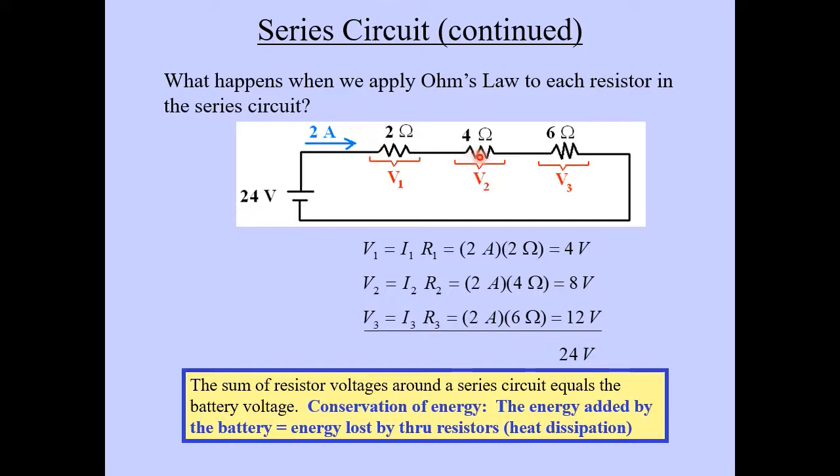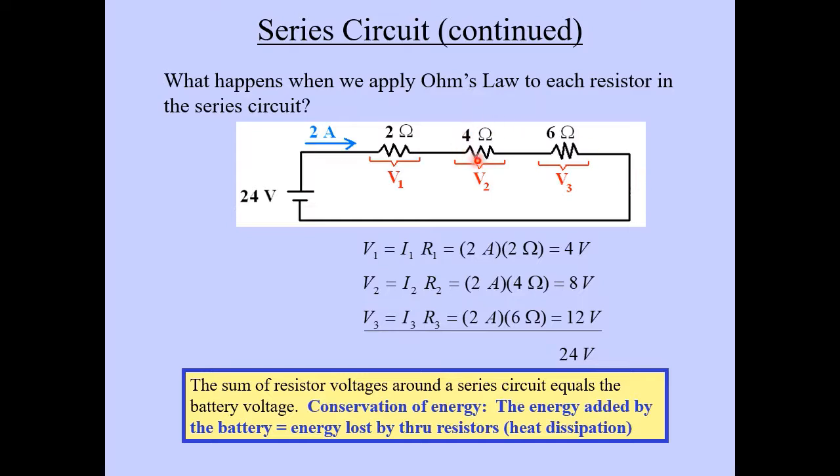Let's go on and do the same thing to the second resistance. So V2 equals I2 R2. Now we're talking about this one here. Again, the current I2 is the same as the current I1 because the same current goes through all of these. So again, we have 2 amps. But this time our resistance, R2, is 4 ohms. So 2 times 4 gives us 8 volts.